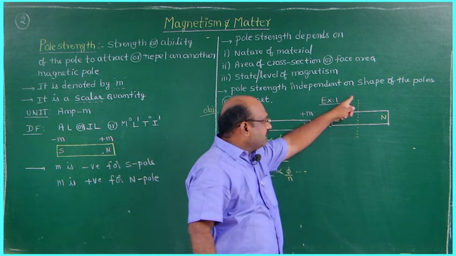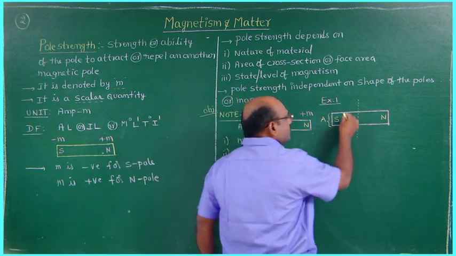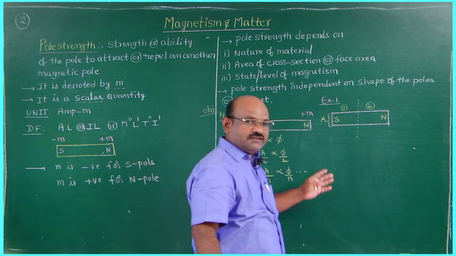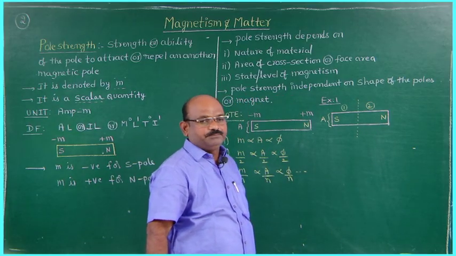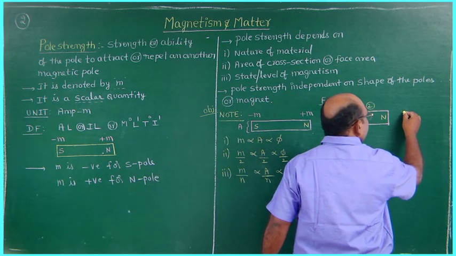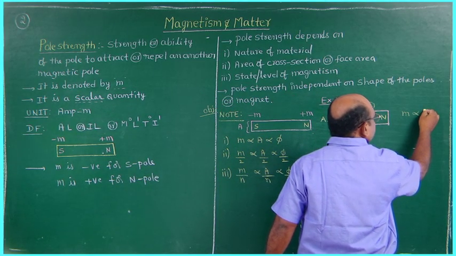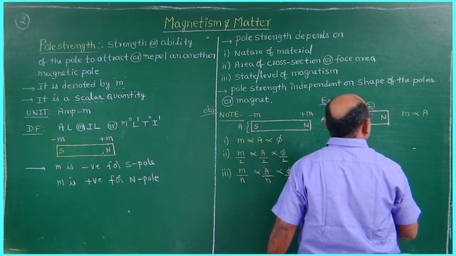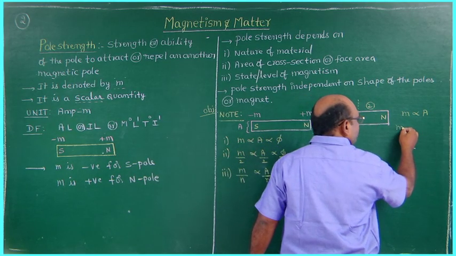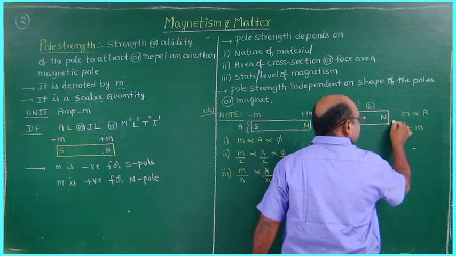Even if you cut the magnet as shown, into first piece and second piece, for both pieces there is no change in area of cross section. The face area is not changing. Pole strength is directly proportional to the face area. If the face area is not changing, then what is the new pole strength of each piece? That is m only.